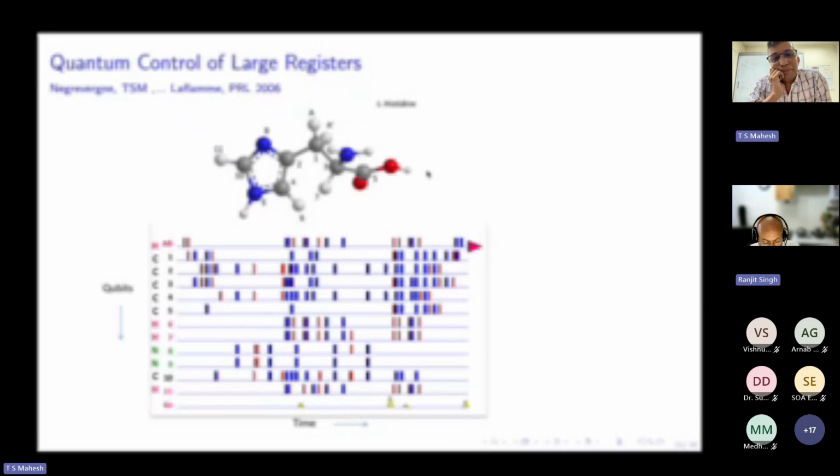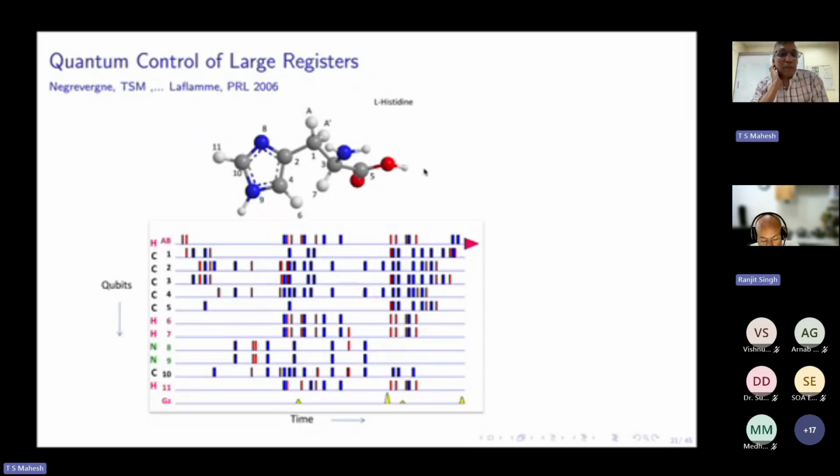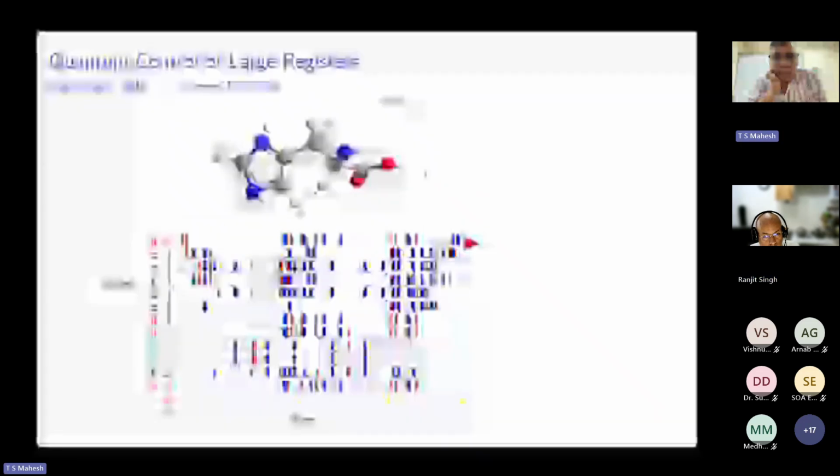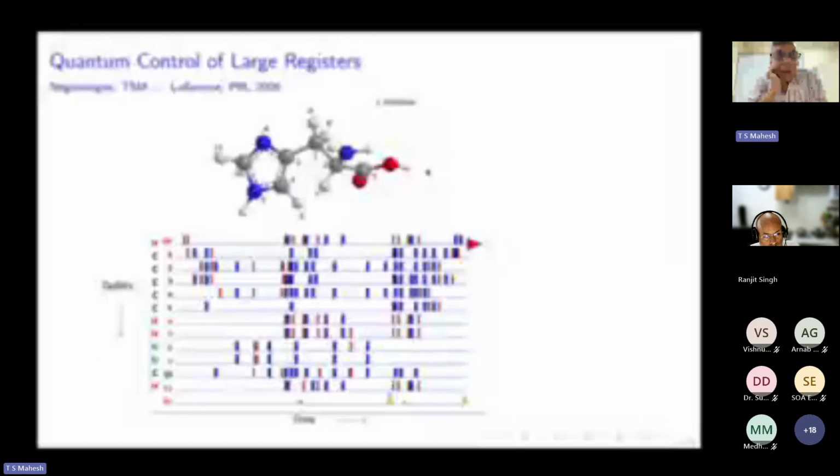My second question: can we use qudits instead of qubits, and this may help to reduce the size of required qubits and their effective control? Exactly. This is a very good question, and in fact, this has been done for a long time.